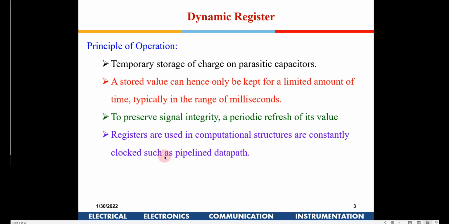Registers are used in computational structures. Dynamic registers are constantly clocked, like pipeline data. In the next class we'll be seeing the pipelined data path and how pipelined registers work. But for the time being, we'll just say that dynamic registers are used for high frequency applications. For example, in any processor there will be the instruction queue registers, right?